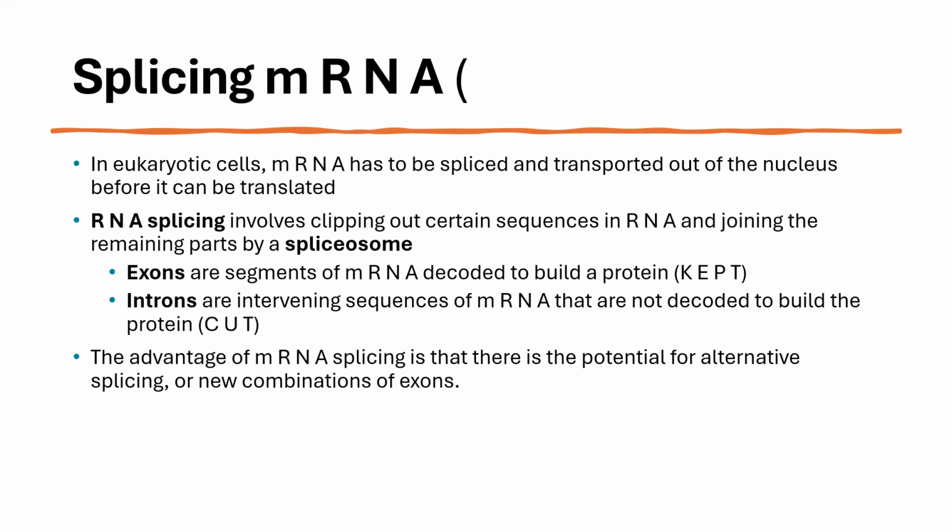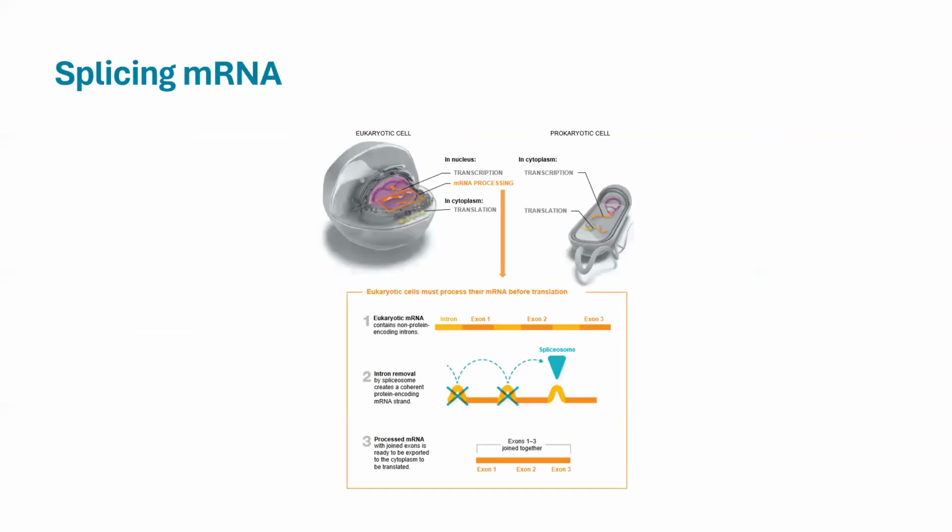And so mRNA splicing has the potential for having alternative splicing that gives you different combinations of exons. So you can actually pack more information into the same sequence, so you don't have to have independent genes for each of those.